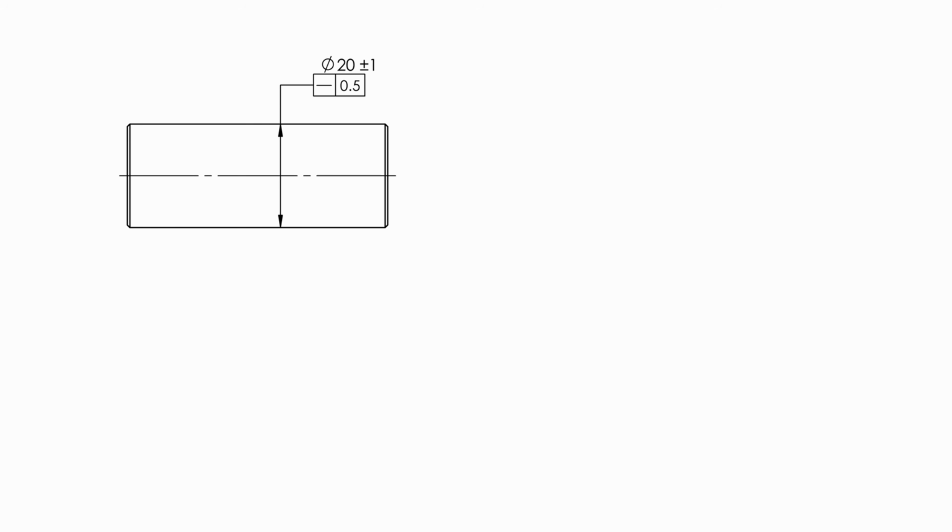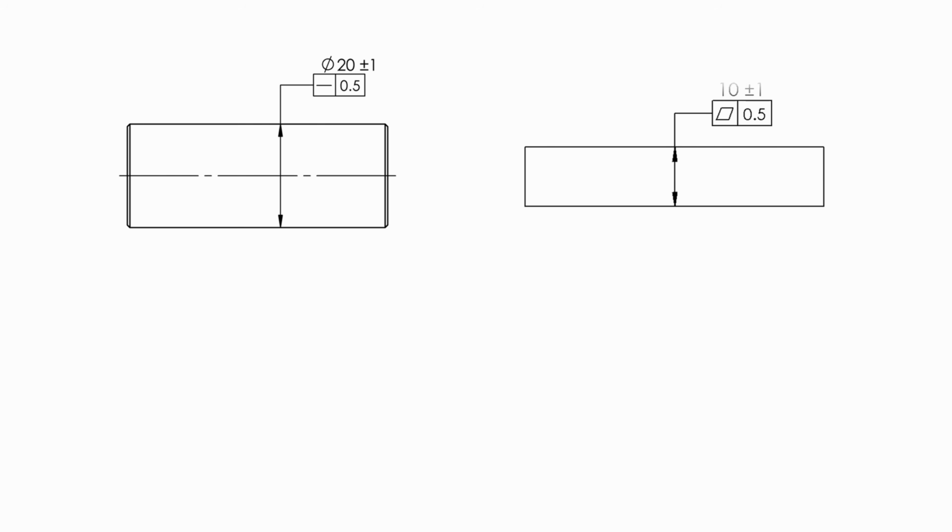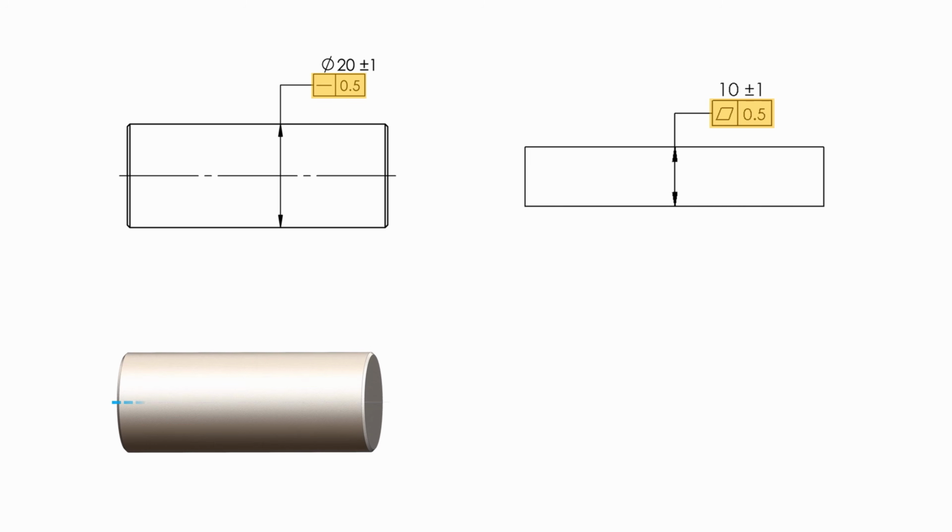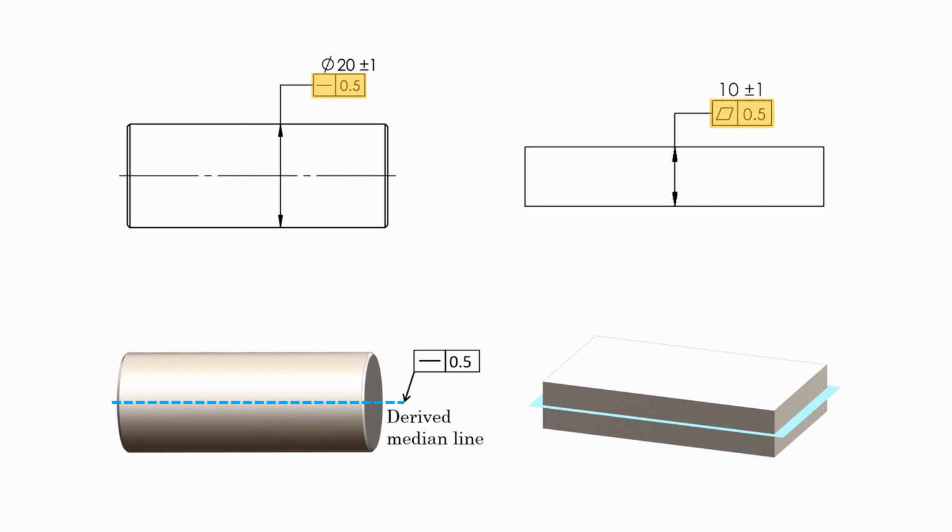When we apply a straightness or a flatness tolerance to the size dimension of a feature of size, below or next to the dimension, the straightness tolerance applies to the median line, not to any surface, and the flatness tolerance applies to the median plane, not to any surface.